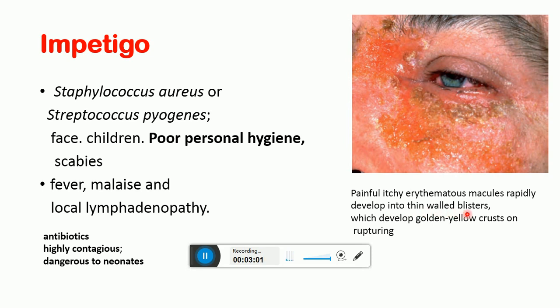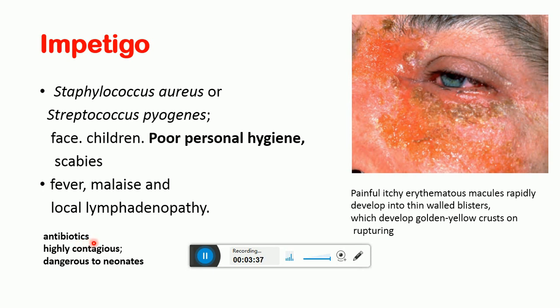These blisters develop into golden yellow crusts upon rupturing. So when the blisters rupture, there is golden yellow crust formation, and there may be fever, malaise, and local lymphadenopathy. The treatment is with topical and oral antibiotics.